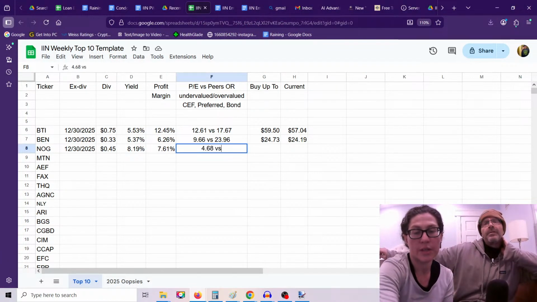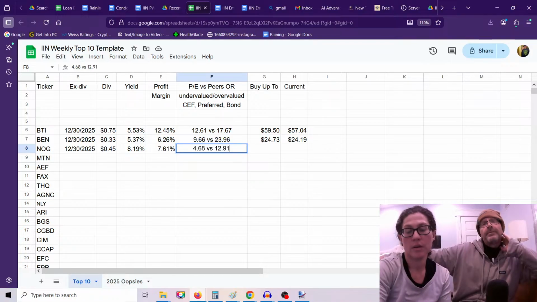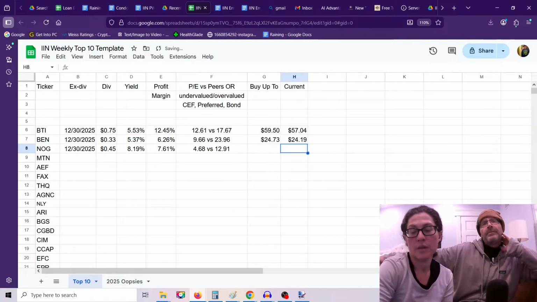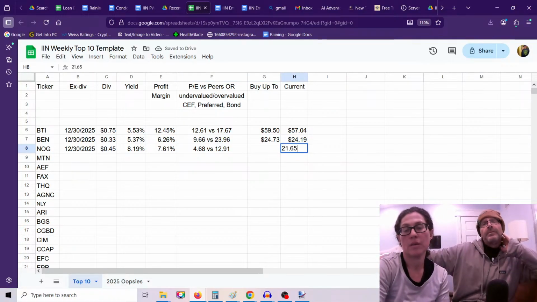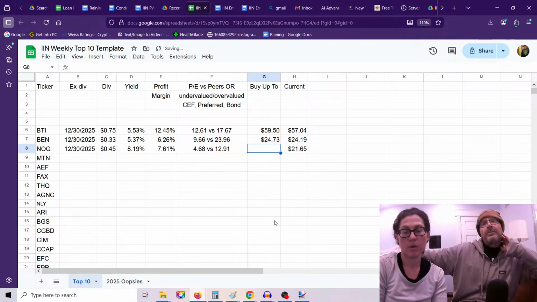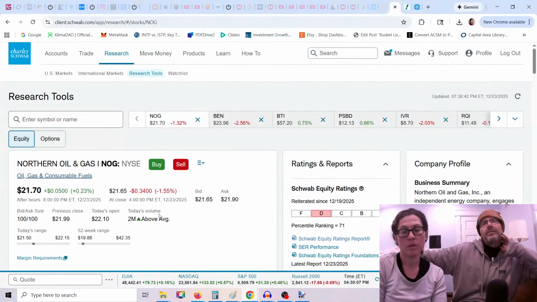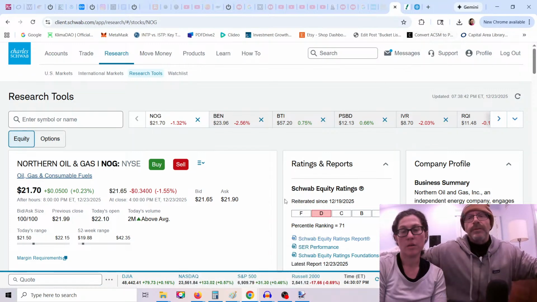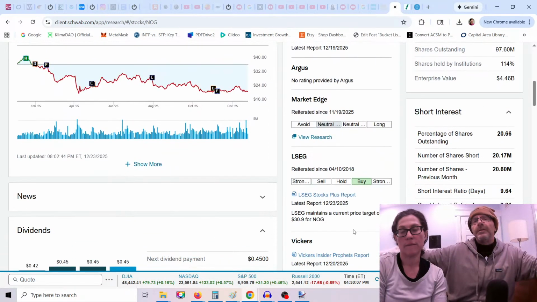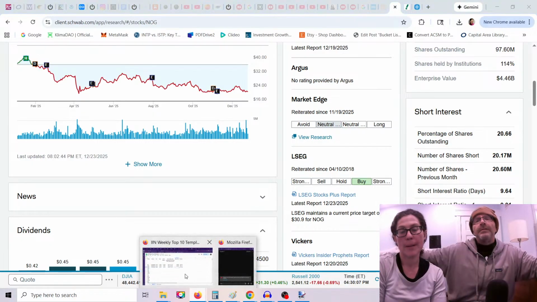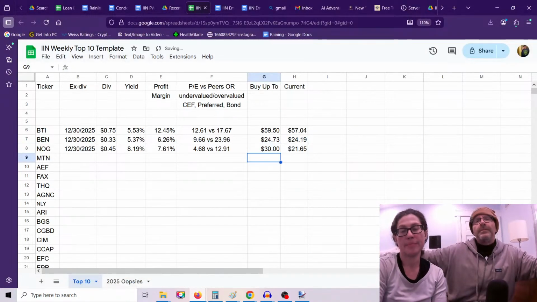What was it? $12.91. I probably have the wrong number there. No, I got that right. And then LSEG was $30 and some cents. Should I override it with 39? No, just do 30. It's fine. 30 even? Yeah. All right.